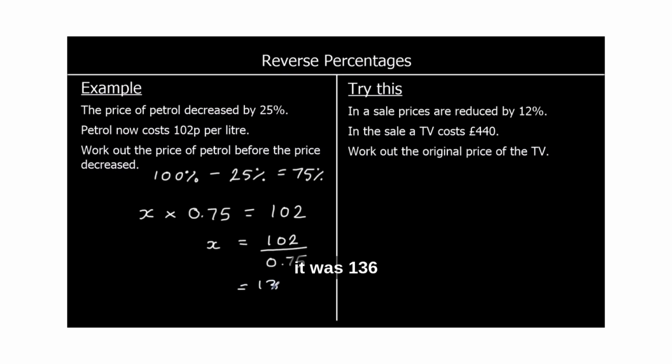So it was 136 pence. So if you get 136, take 25% off, you get 102. Okay, a question for you to try. Pause the video, give it a go, and press play when you are ready for the answer.